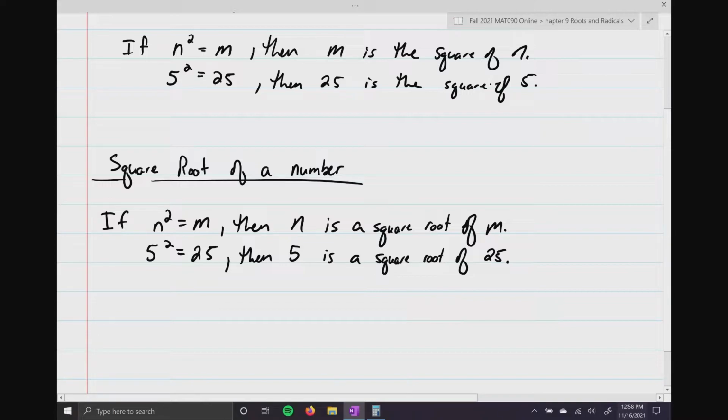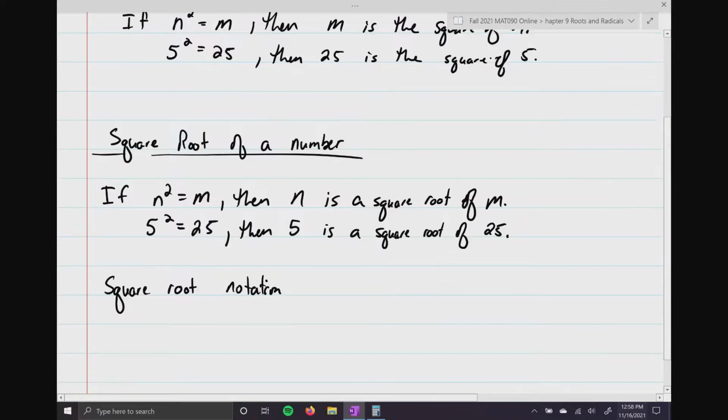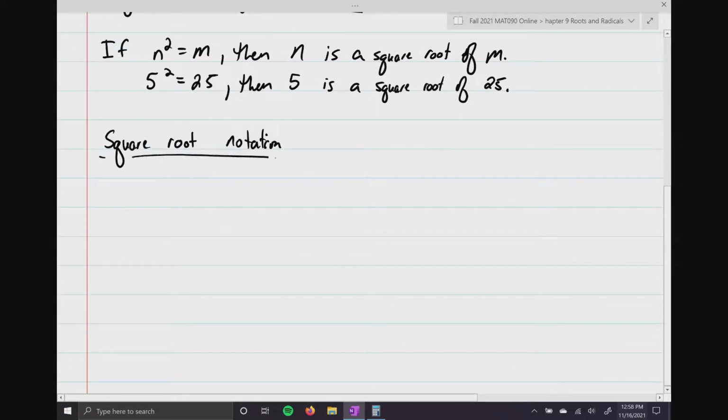Now, we do use notation for this, and the notation is what we call square root notation. So make sure that you're writing this down. Write it nice and neat because there's a lot going on here. All right, here's the notation that we're going to use. This is read the square root of m.